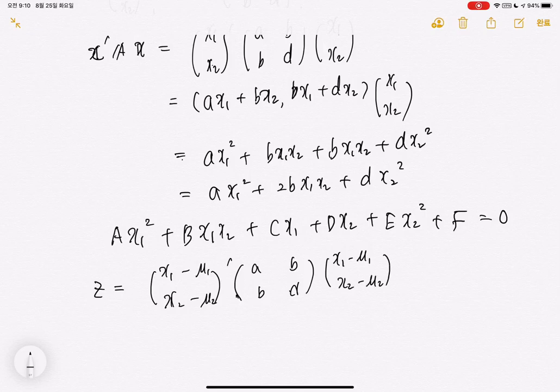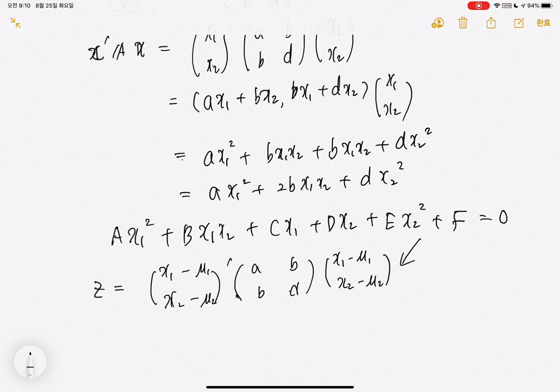Okay, so find out what these parameters mu1, mu2, a, b, d, and z are in terms of a, b, c, d, e, f.